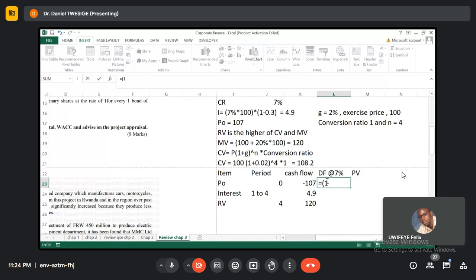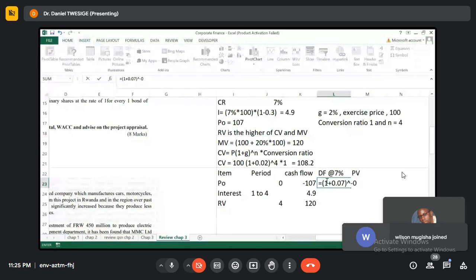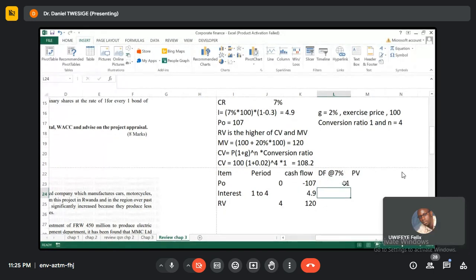So here is 1 plus 0.07 power minus 0. I can copy the formula. This will be power minus 4.